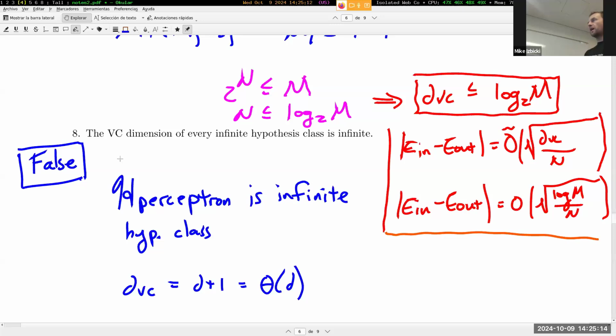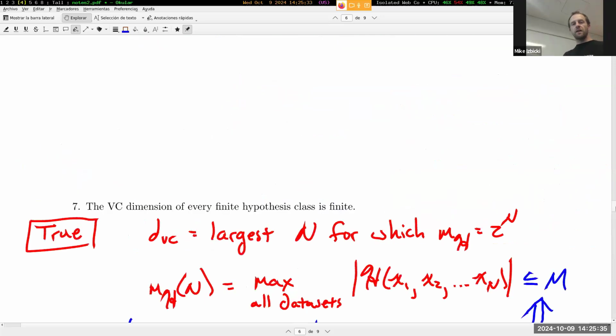We will see later on some hypothesis classes that have infinite VC dimension and are infinite, but we haven't seen any at this point. As you're thinking about counterexamples for these sorts of problems, the perceptron is really the only example that we've seen so far about infinite hypothesis classes.